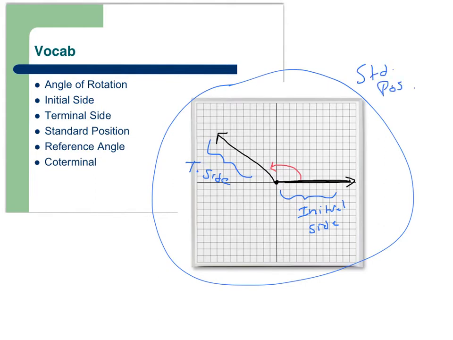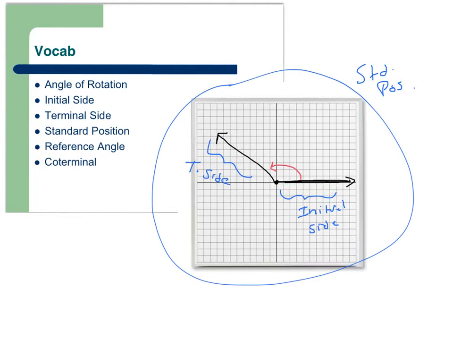The idea is the initial side is always the positive x-axis, because the angle starts, this ray starts, on the positive part of the x-axis.